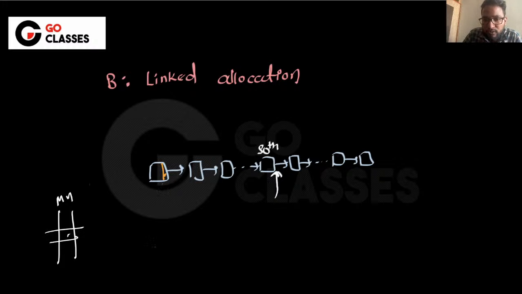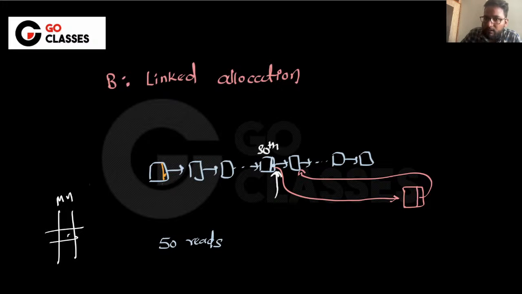So these are the 50 blocks. So you need 50 reads, 50 reads just to know where to insert. Now you know this is the address. I mean, it is pointing here. So after 50 reads, you know the address of this. Now what you will do, you will pick an empty block somewhere here. You will modify this 50th block pointer to here, and this block pointer to here, right?